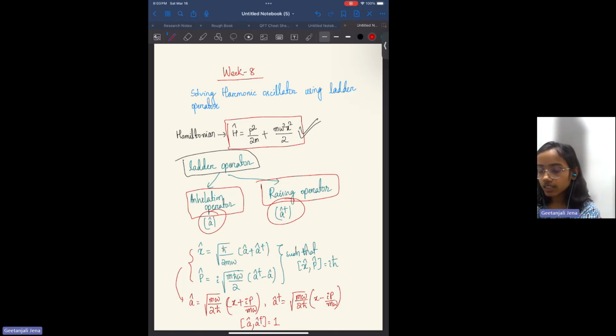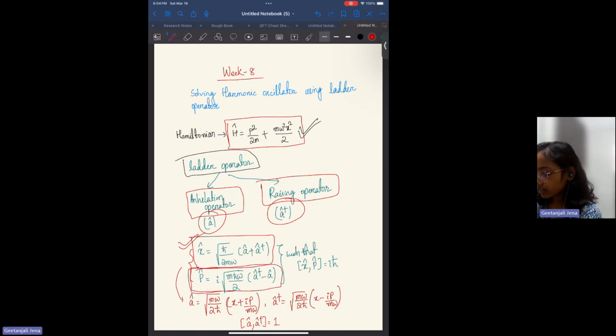By using these ladder operators, we have expressed the position and momentum operators of this Hamiltonian. The position operator can be represented by the ladder operators using this equation, and the momentum is represented by this equation.